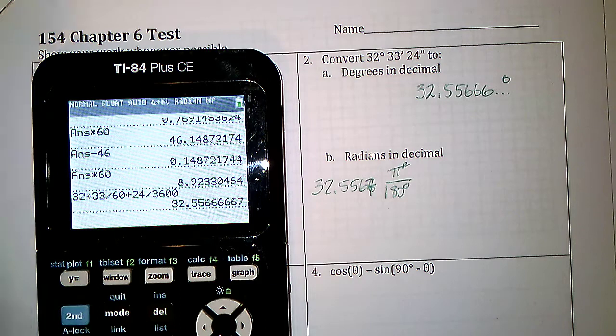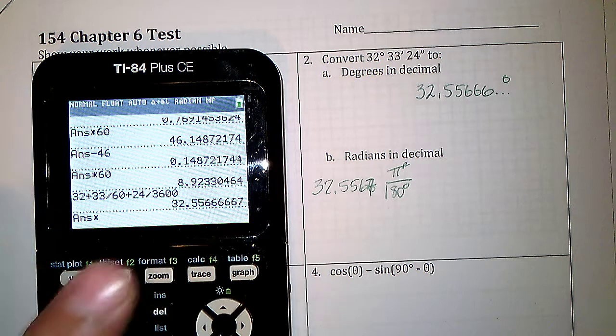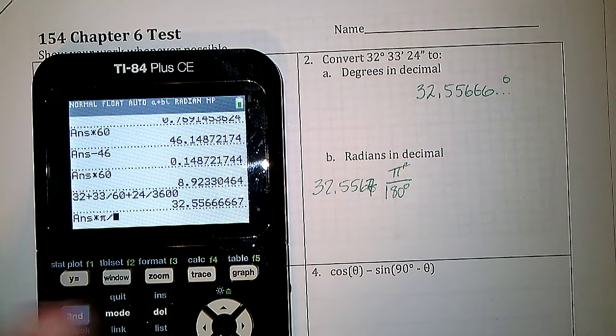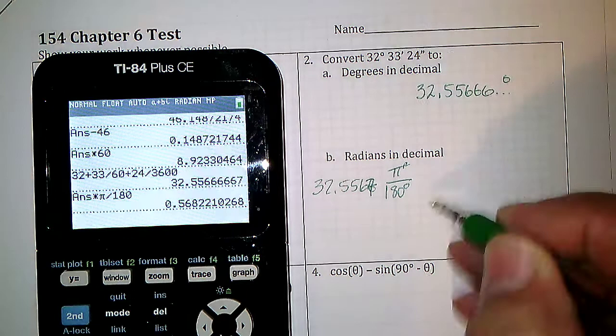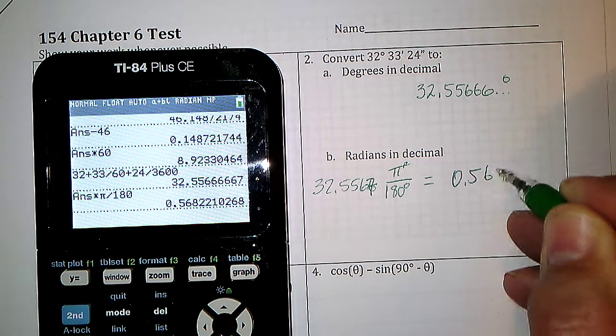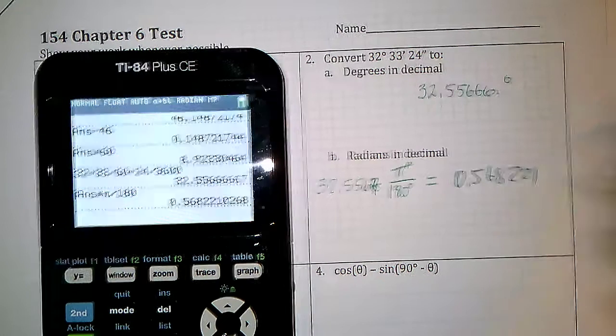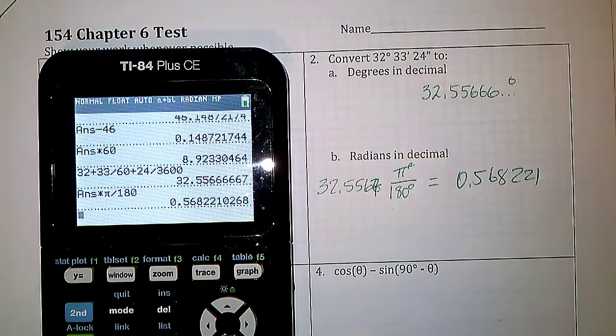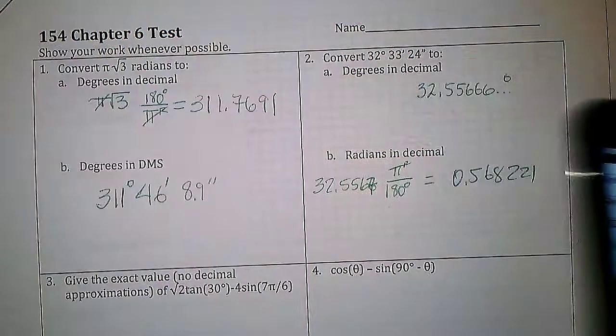So I take this answer times pi divided by 180, and I get 0.568221 radians, keeping about 6 decimal places. All right.